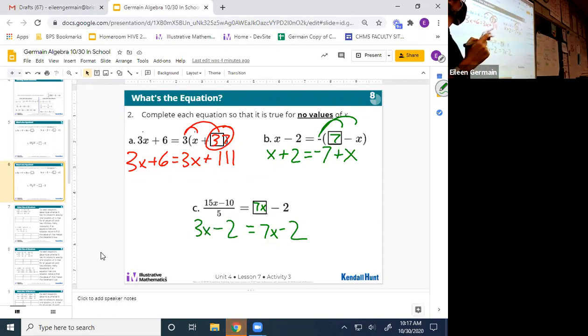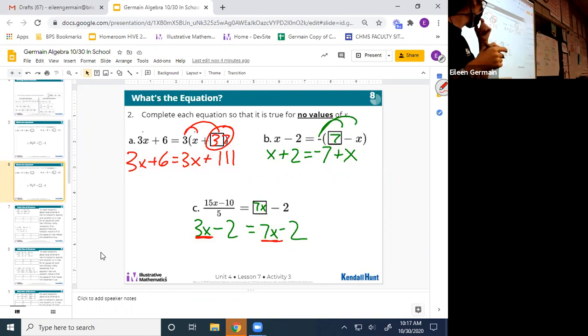So would that be equal for no solutions though, or would that be equal to one solution? It would be one solution. The thing that needs to be the same, the variables need to be the same on each side. So this one here is not possible. Because we have this negative 2, there's no way to put one in there that would make it no solutions. Does that make sense?